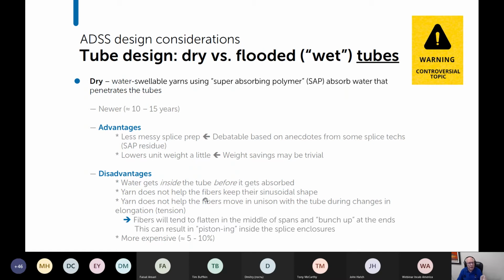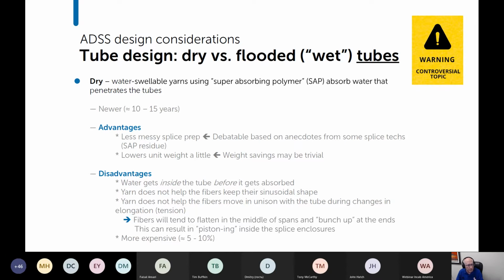In the tube, the gel is helping the fibers keep that sinusoidal shape we talked about at the beginning. Yarn doesn't. The gel also helps the fibers move in unison with the tube during changes in elongation. So as the tension changes in response to wind and ice load changes, the tube stretches and the gel keeps the fibers moving in unison with the tube itself.